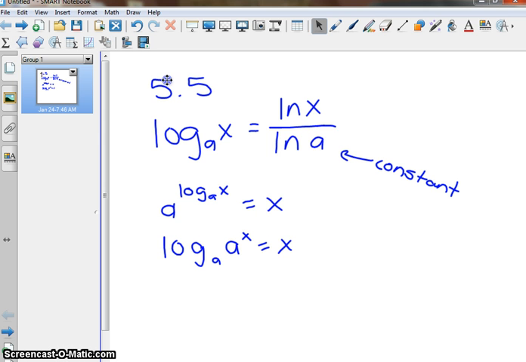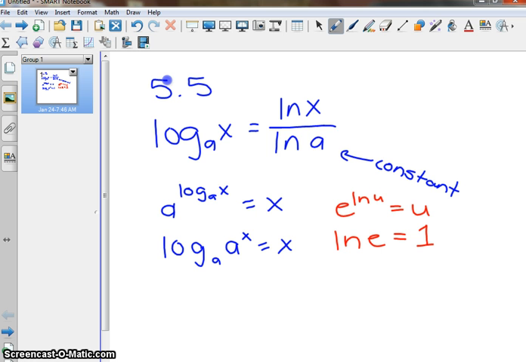Just like when we did natural log, and it was e to the natural log of u, you get u, or natural log of e is going to be 1. So these work the exact same way because this base is e, so you'll get whatever the exponent is. Okay, so this works just exactly the same way.